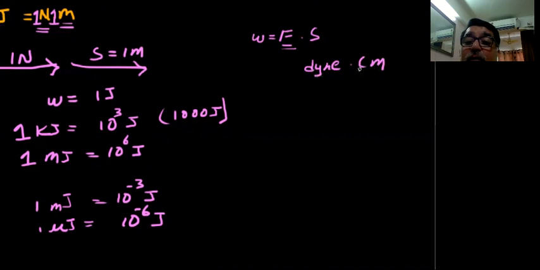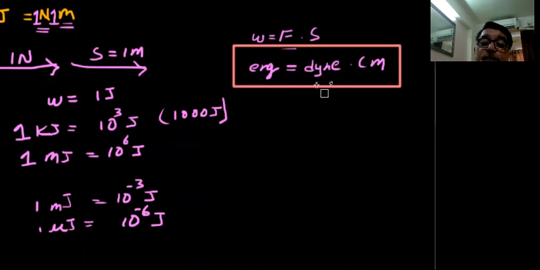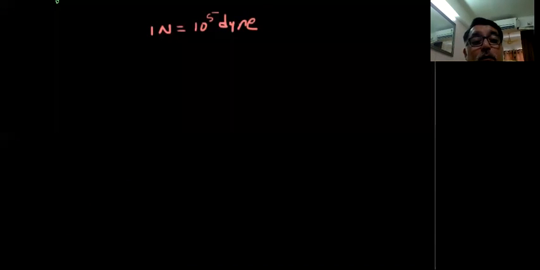So dyne multiplied by centimeter, which we call erg. So erg is the CGS unit of work. We already know 1 Newton equals 10 to the power 5 dyne. This is the SI unit of force, and this is the CGS unit of force.